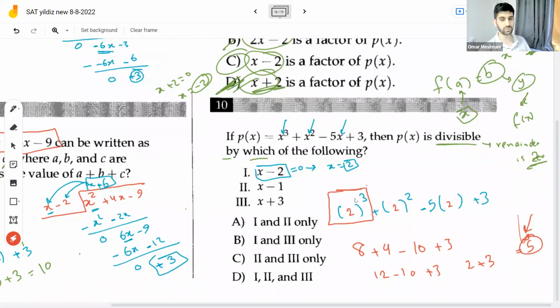If the remainder is 0, I will make it divisible by. So now I'm going to take the second one and make it equal 0. x minus 1 equals 0. It means that x equals 1.